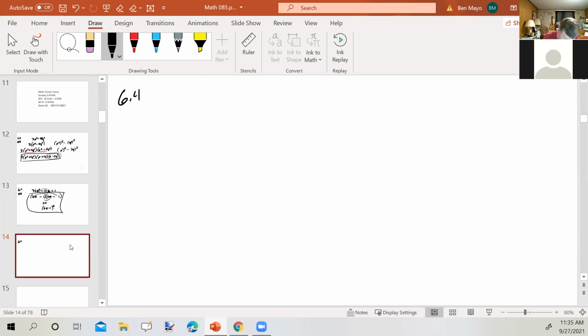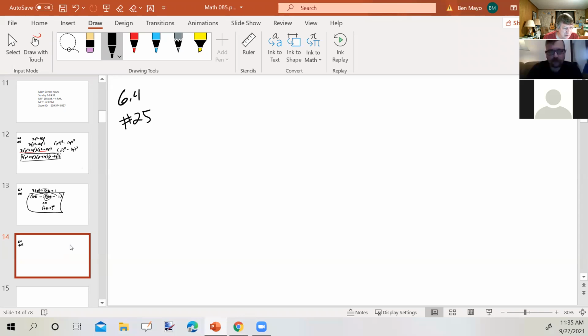All right, this is number 25. Choose the correct method to factor the following completely: rx minus sx plus r minus s. Well, this has 4 terms. There's no greatest common factor for all 4 terms. Typically with 4 terms, we use factoring by grouping.